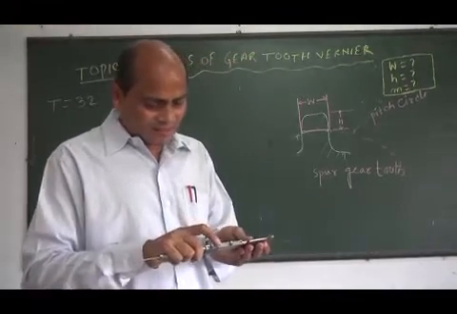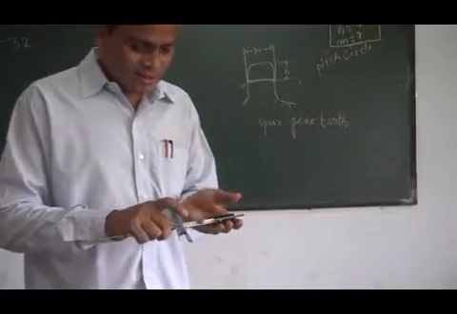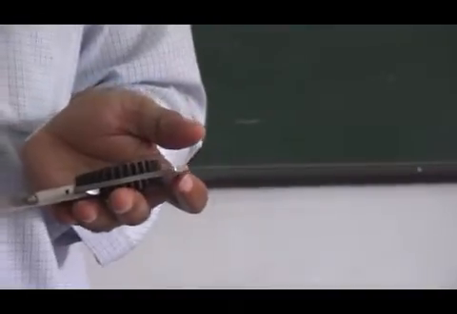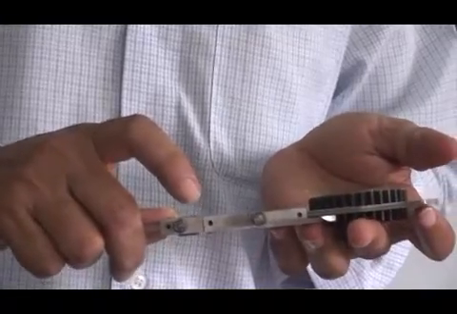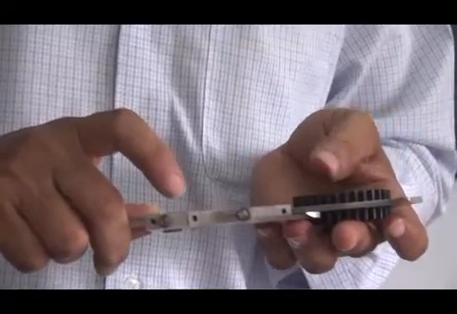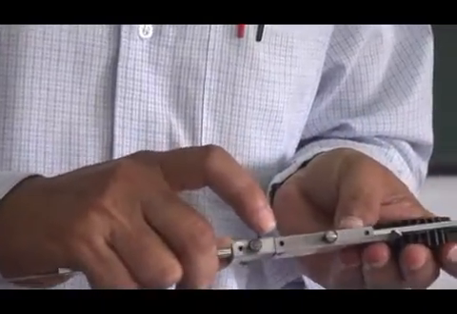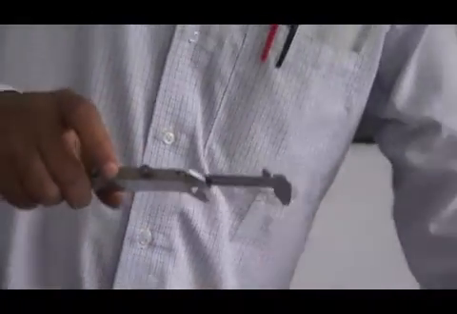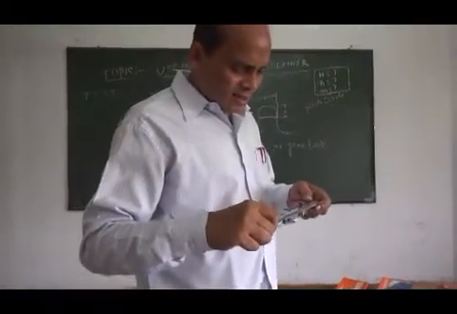I place this gear, with one finger on this side and another finger on this side, and in the middle we support the gear and lock this position, and now find out the reading.